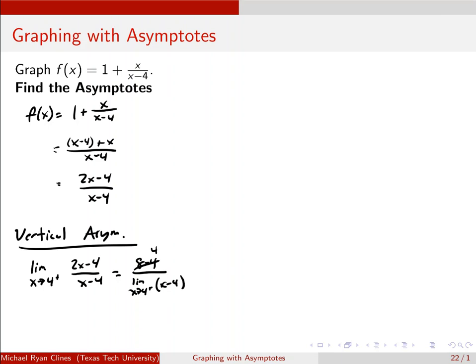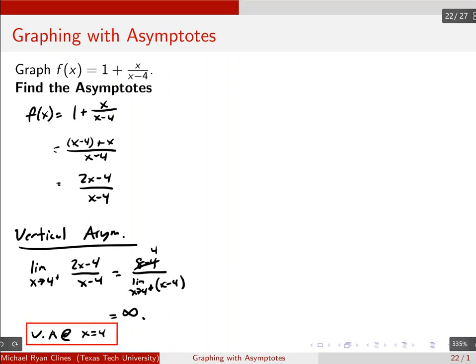Now what happens when we evaluate this one-sided limit right here? Well, we're punching in numbers that are really close to 4 but are slightly bigger than it. So the numbers in the denominator are going to be positive, but they're going to get arbitrarily small. So what does that tell us? That this limit as x approaches 4 from the right is going to equal infinity. Excellent. So that tells us we have a vertical asymptote at x is equal to 4. Man, we're off to a good start already.